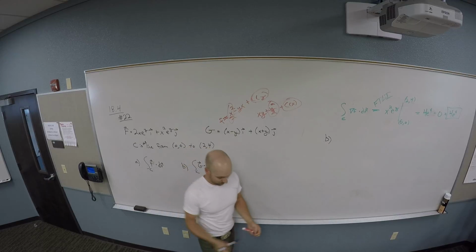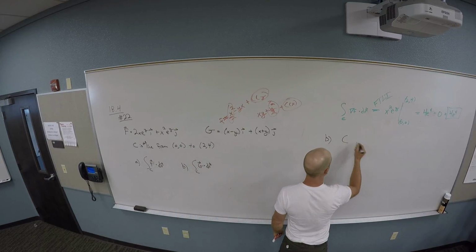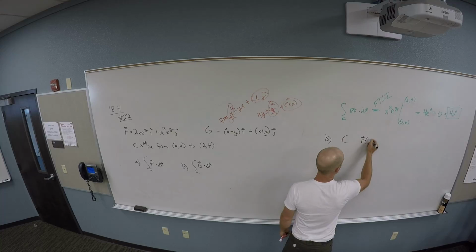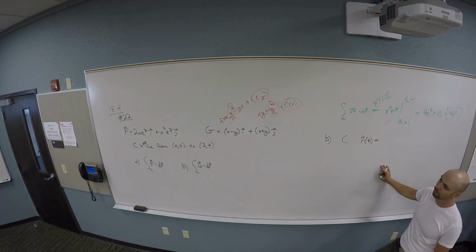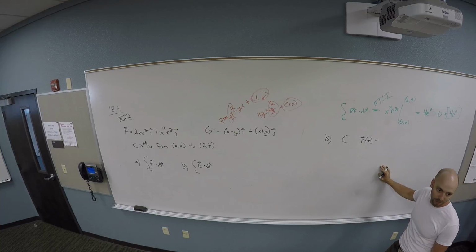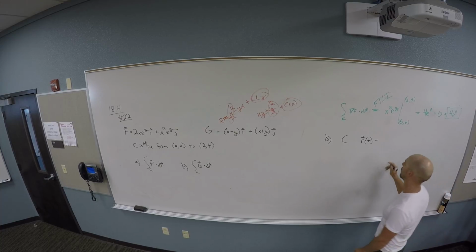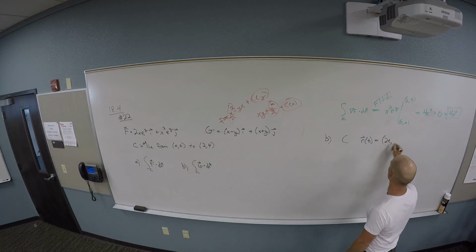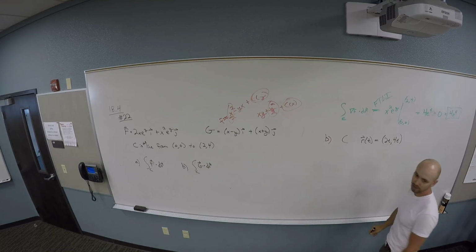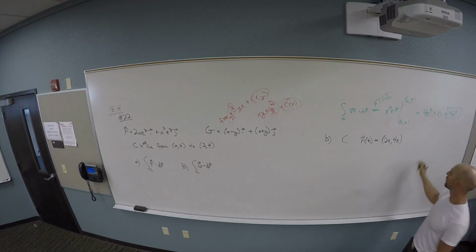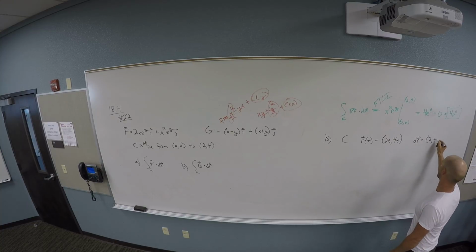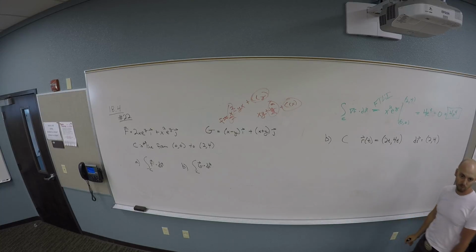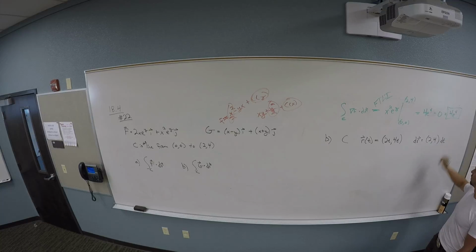So try something else: parameterize. Okay, so C is given by some r(t). What's your r for getting from (0, 0) to (2, 4) on a line? It's going to be ⟨2t, 4t⟩. Perfect. So what's dr then? ⟨2, 4⟩ dt.